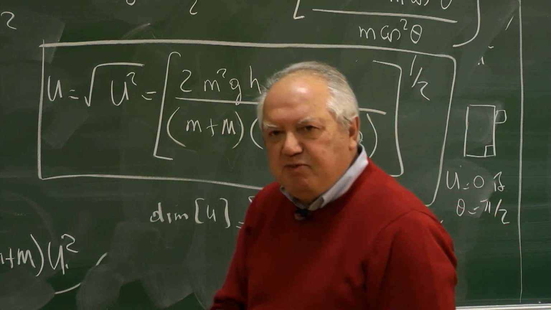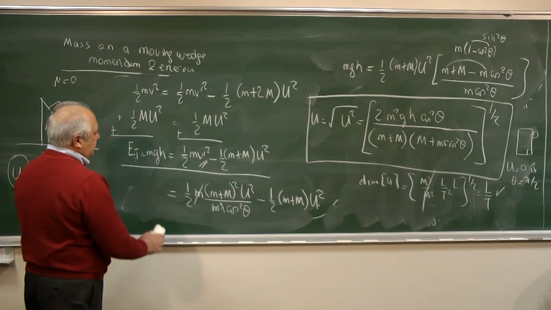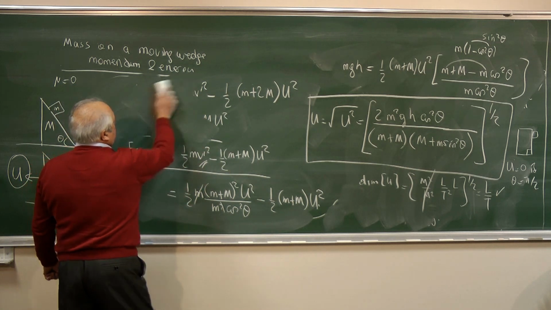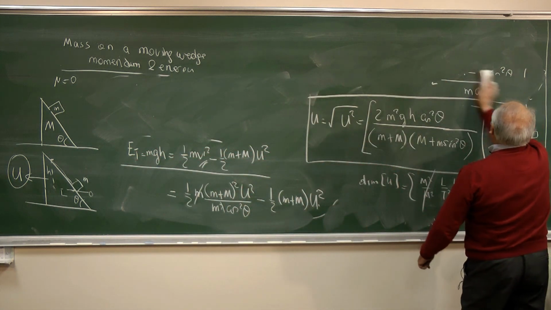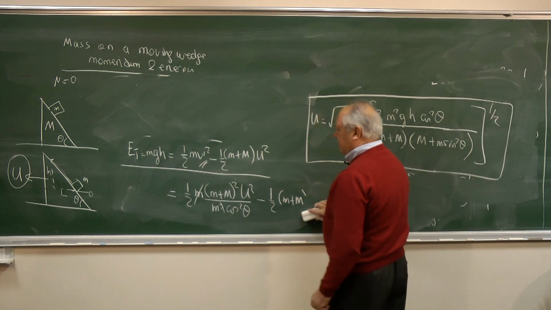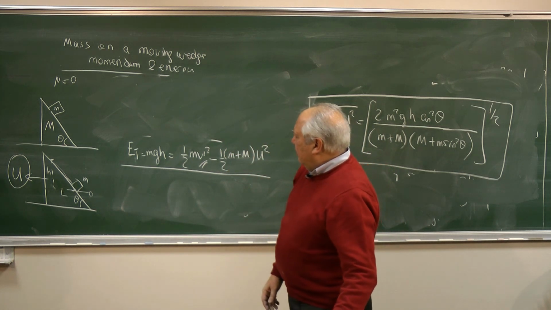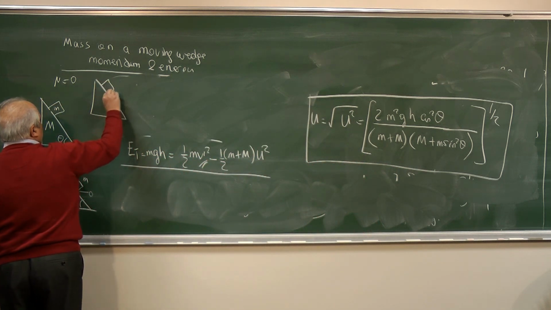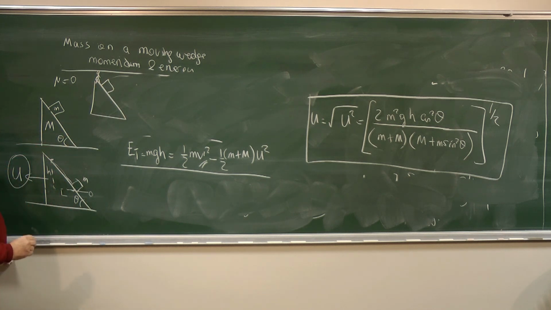But there's an interesting aspect to this problem, and I want to go over that very quickly. I will erase everything except these two relations. The question is this. What if we put the observer on the wedge? So if you put the observer on the wedge, how does the energy equation look then?